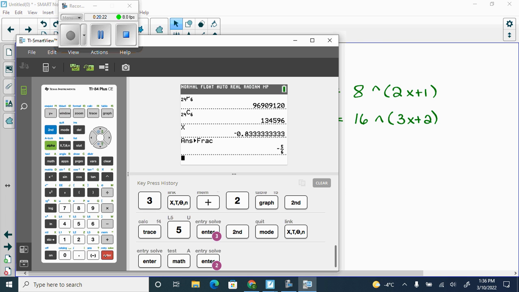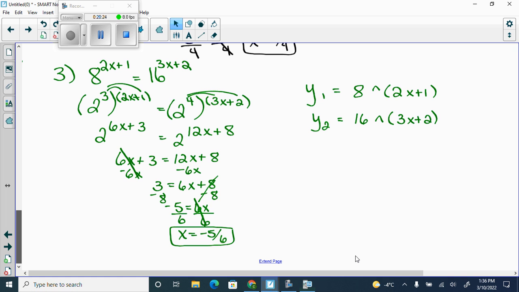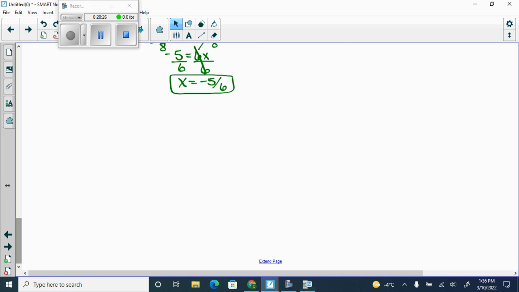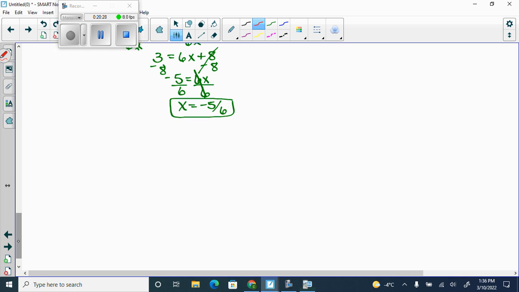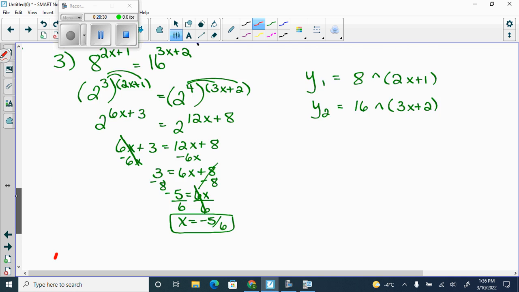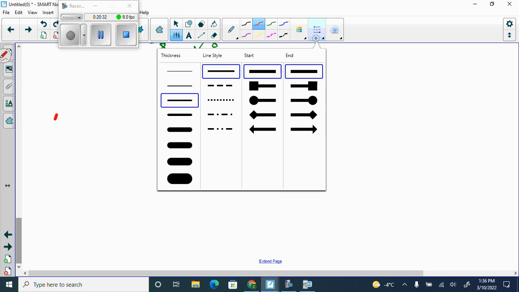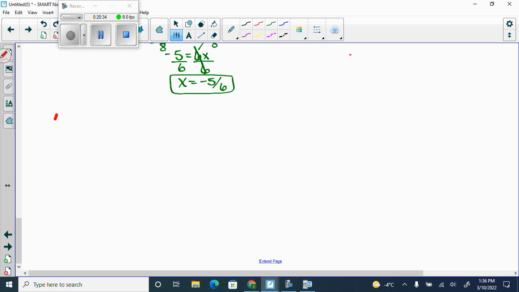One last little type. What if I do this? What if I do this?